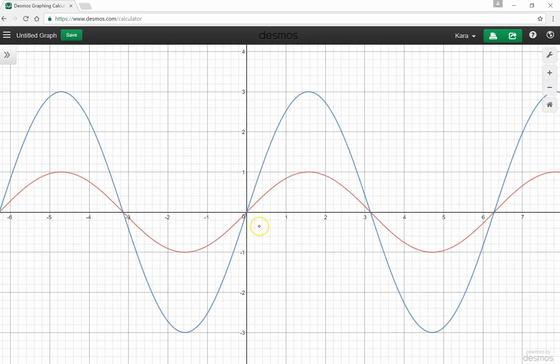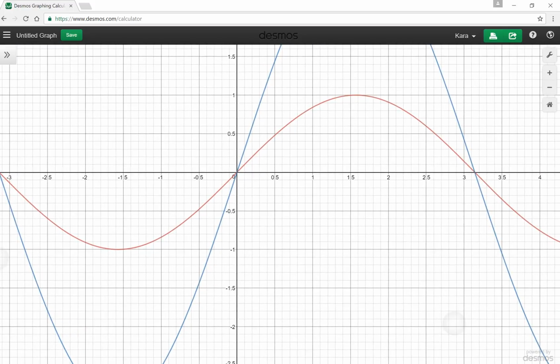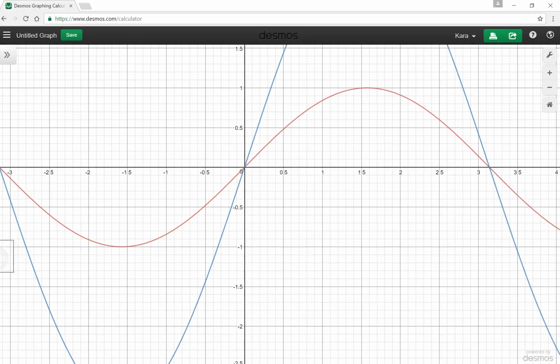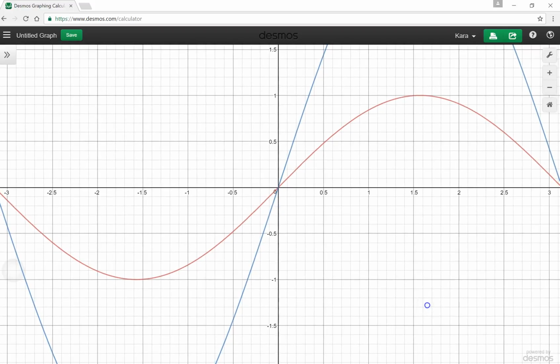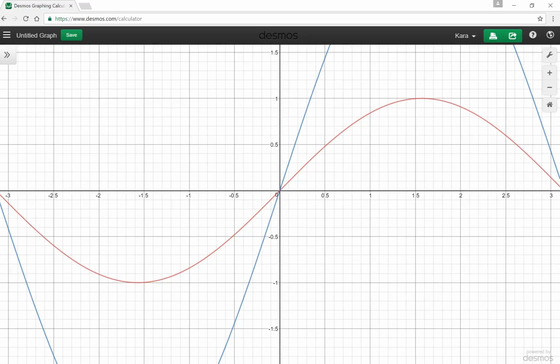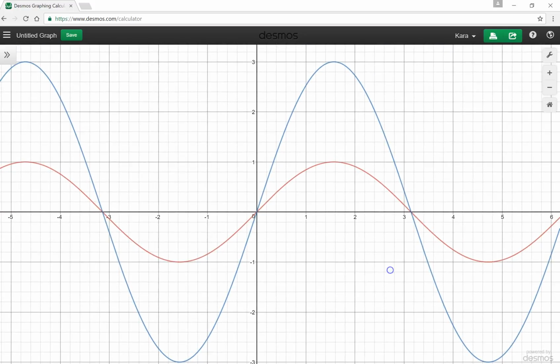The red one is our sine function, and we're used to it going from negative 360 to 360, or in this case, negative pi to pi radians. Look what happens when we put that 3 in there. Our maximum and minimum are no longer 1 and negative 1. I can't even see it on my screen, so I have to scrunch it all up and see that it goes from negative 3 to 3.